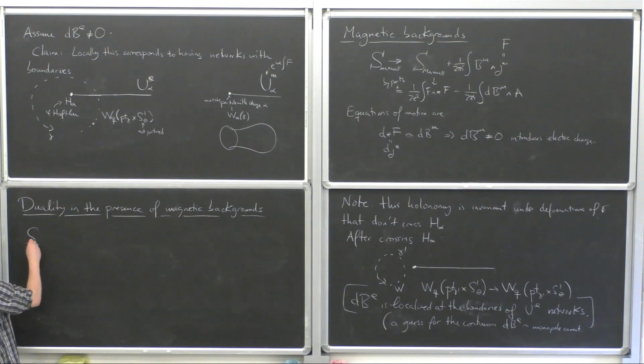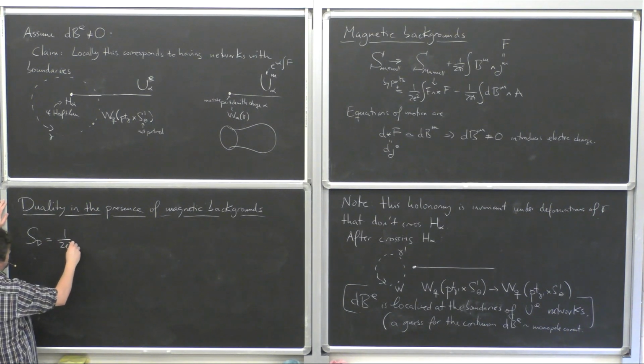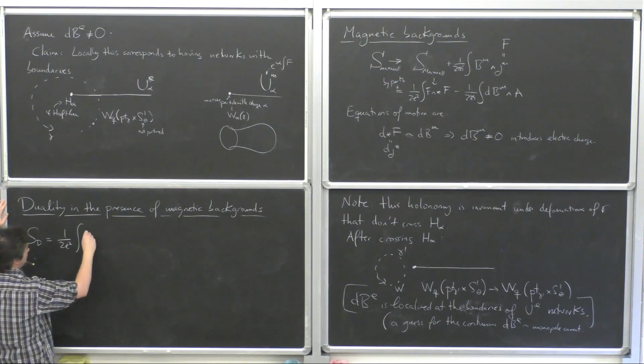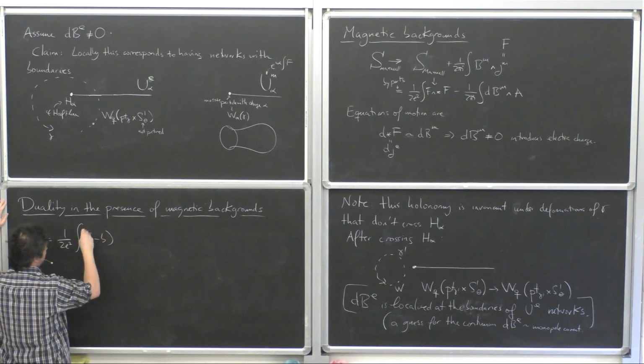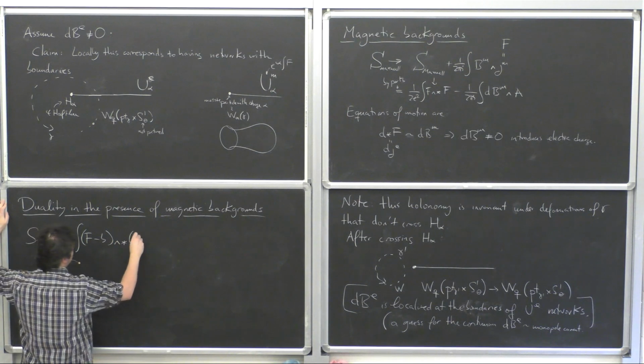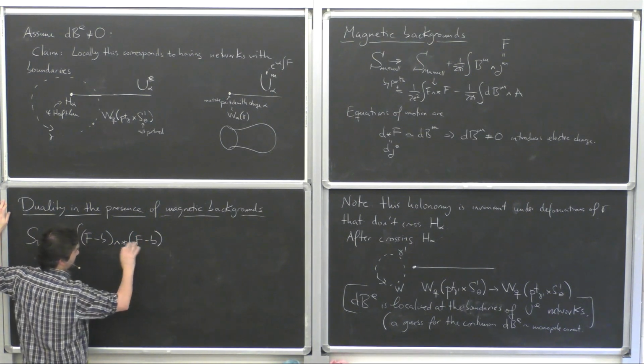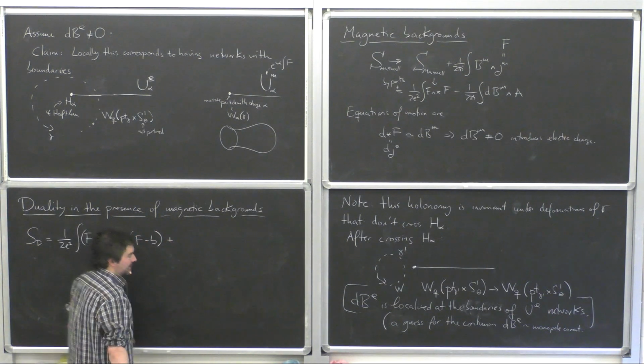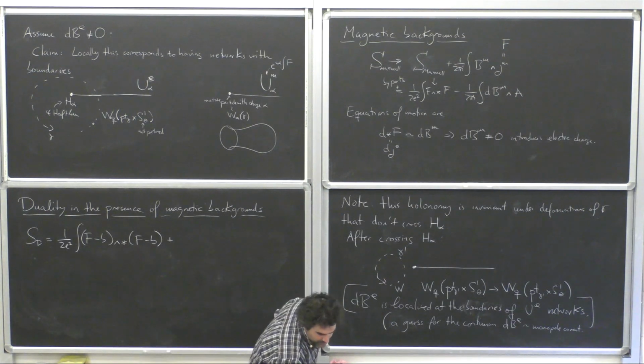So let me start with my duality manifest sort of Lagrangian. This was integral of F minus little b, which I'll define what these things are in a second.